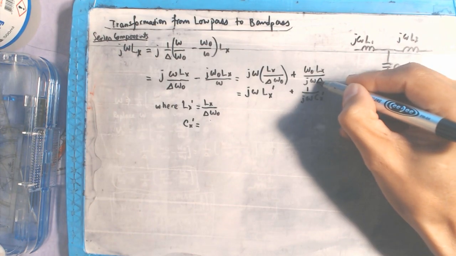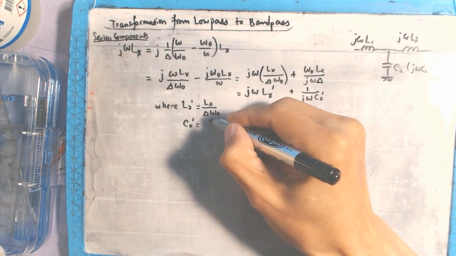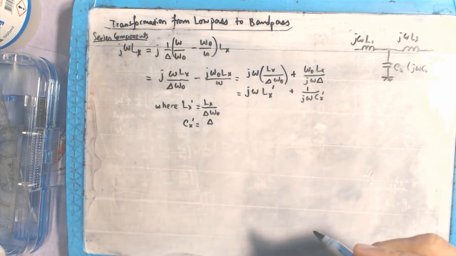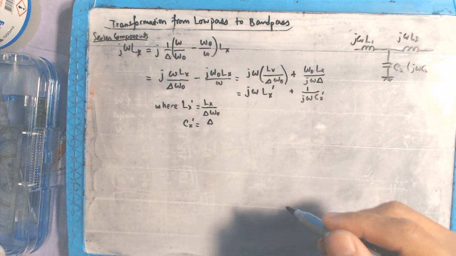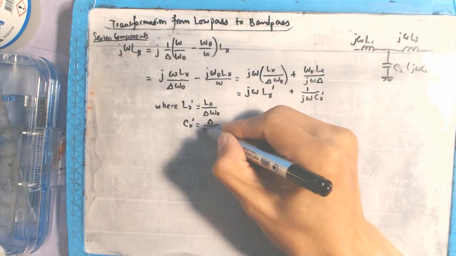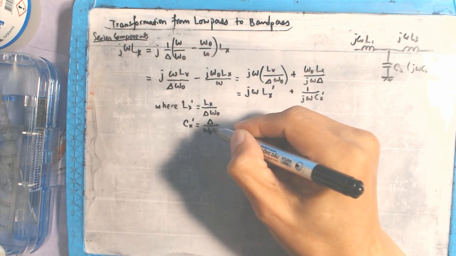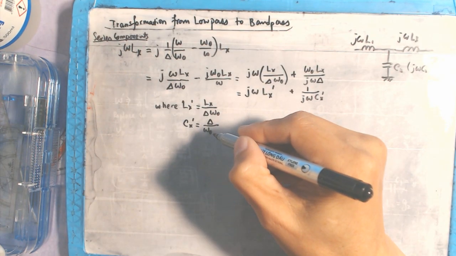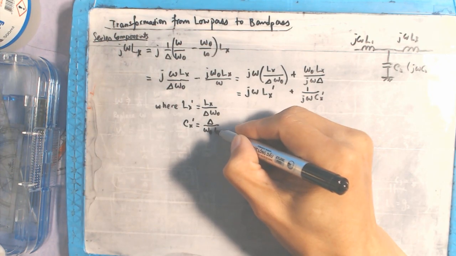So it becomes delta, and then omega naught, and then Lx.